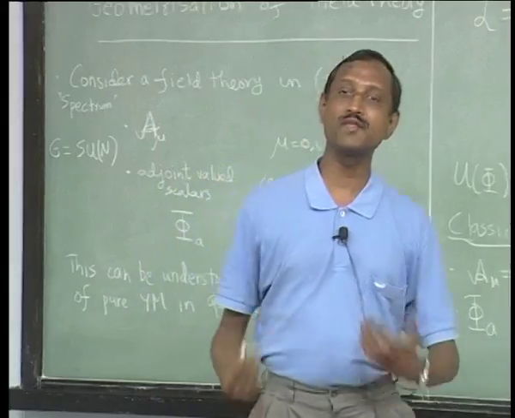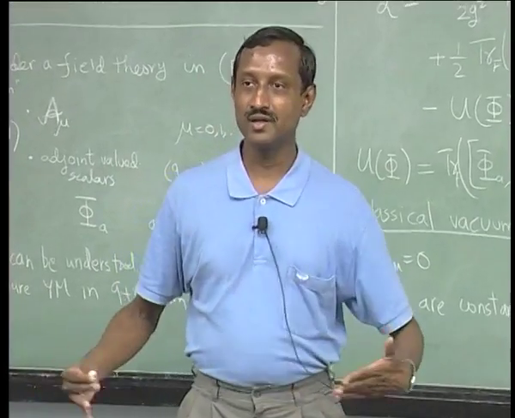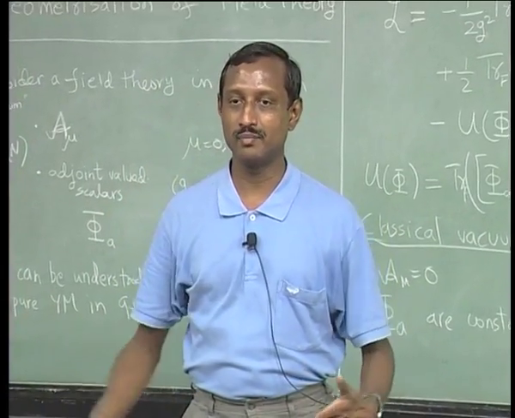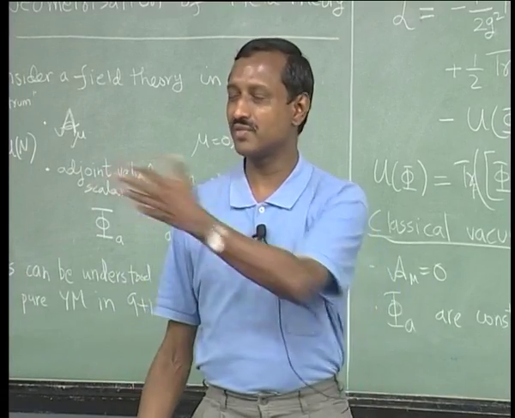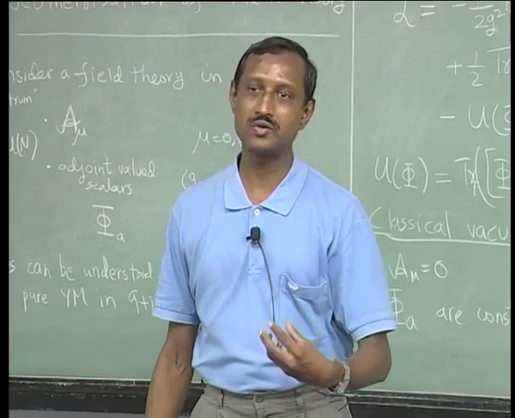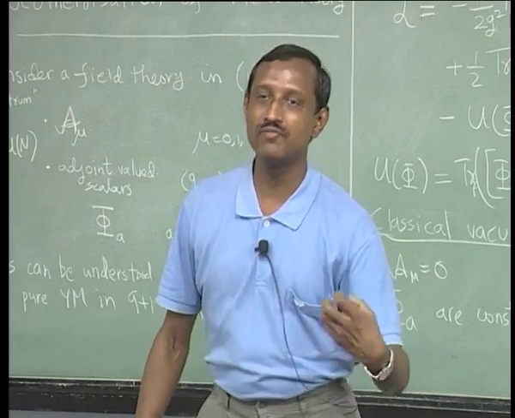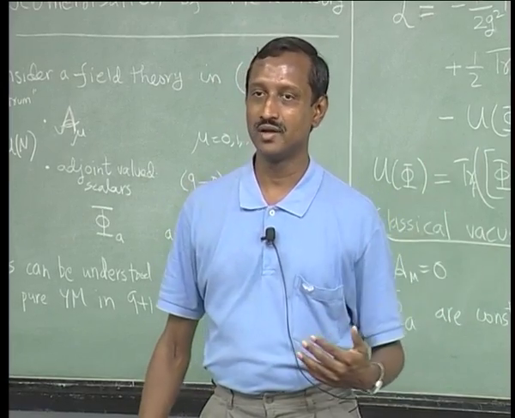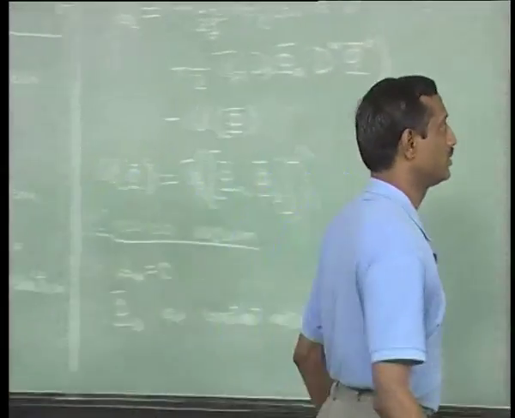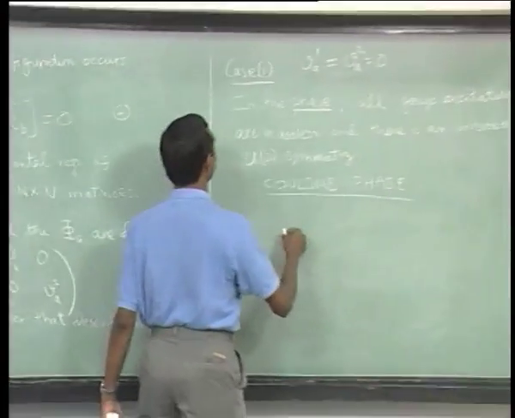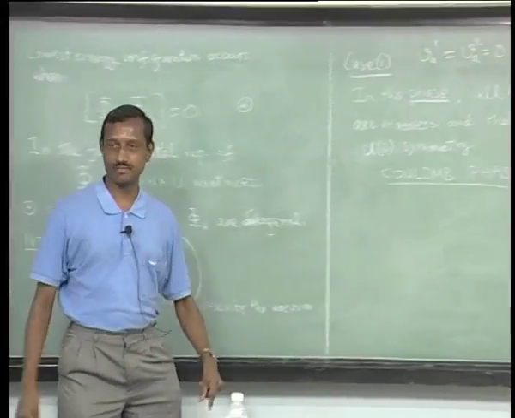If there is a Higgs mechanism and something becomes massive, those things, because they are massive, will not be propagating degrees of freedom. In some sense, from condensed matter physics, in a superconductor, the Coulomb phase is where you have conduction. If there is a mass, then there won't be.